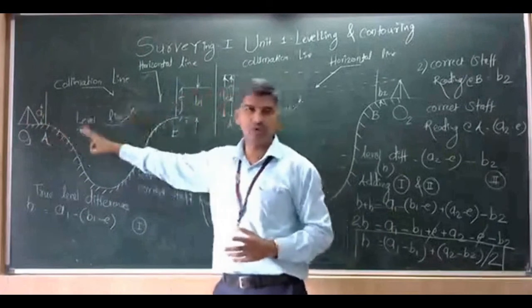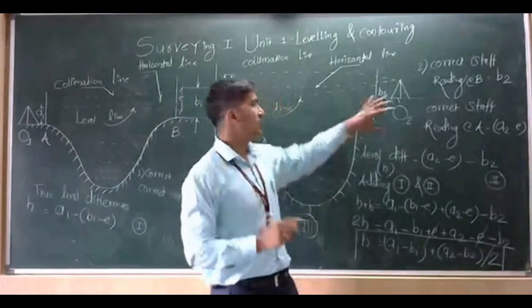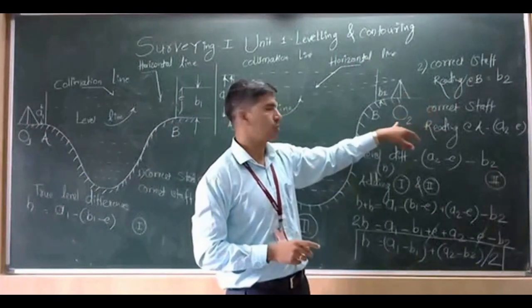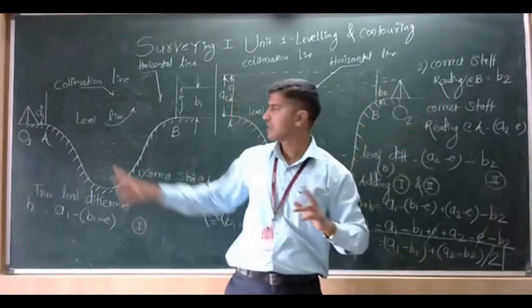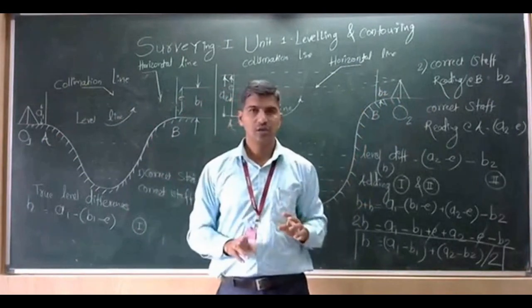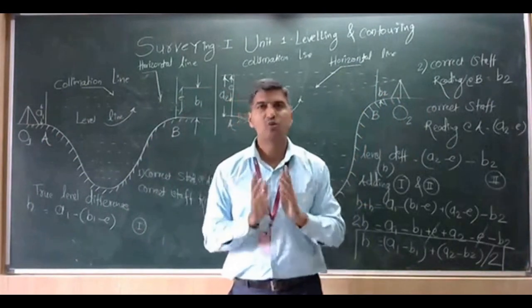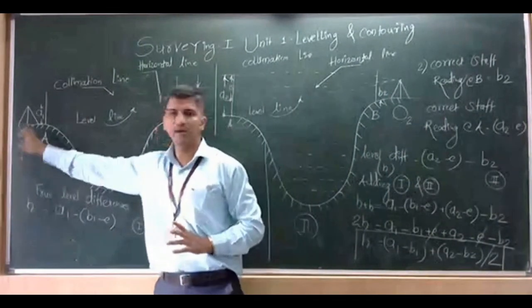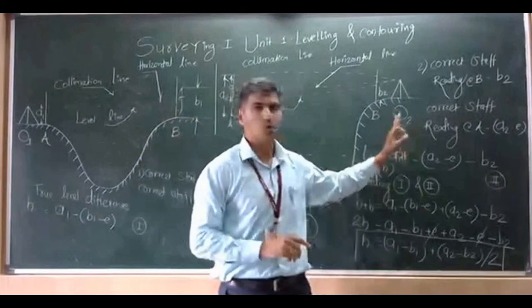I have taken the readings. Then the instrument is shifted to the second station, which is O2. In this case, the positions of A and B have not changed. Positions are constant. What I have changed is the instrument station O1 to instrument station O2.